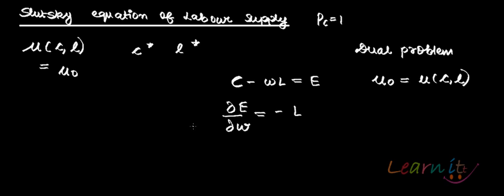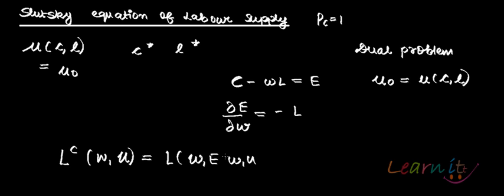Because utility is being held constant, we'll write this as L^C, dependent upon W, the wage rate, and the utility U which you want to achieve. Or you can say this is actually equal to L, with the expenditure which you have to make in order to attain this level of utility.